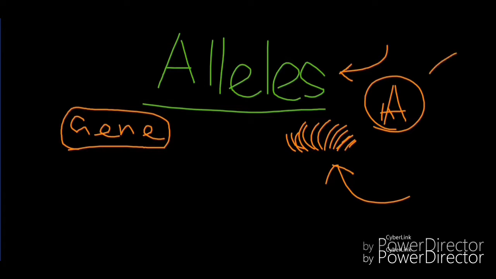Suppose the A gene had different forms, like it has brown color, let's call it B. It has black color, let's call it C. So these different forms that the A gene has are called alleles.